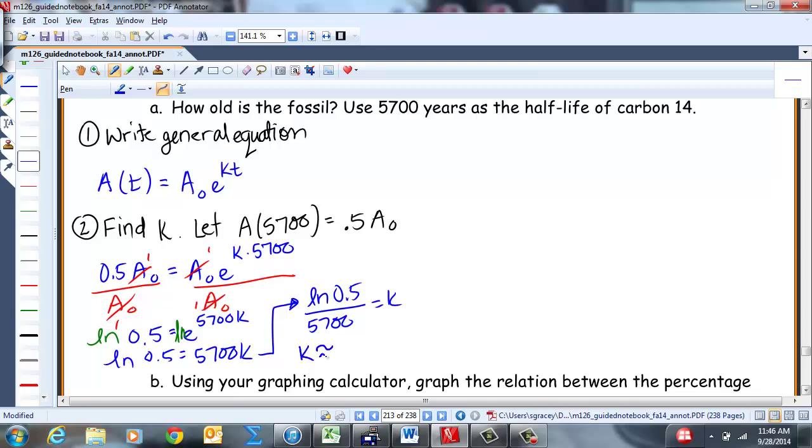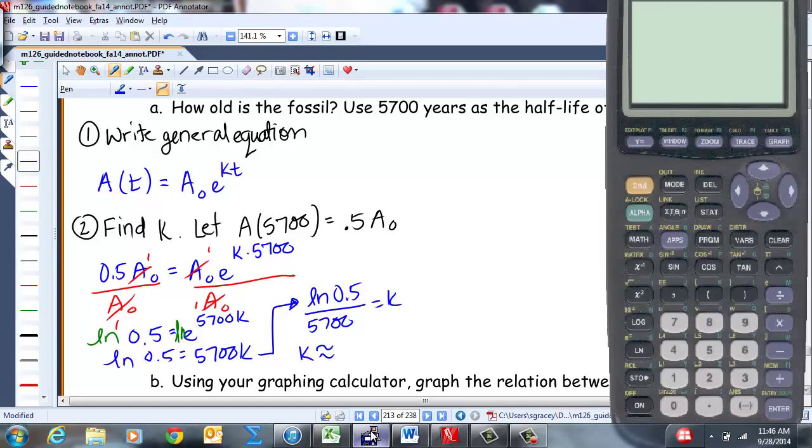So k is approximately... in those parentheses, and then we'll divide by 5,700. Are we going to be looking for a positive or a negative? Good, a negative, because it's decaying.